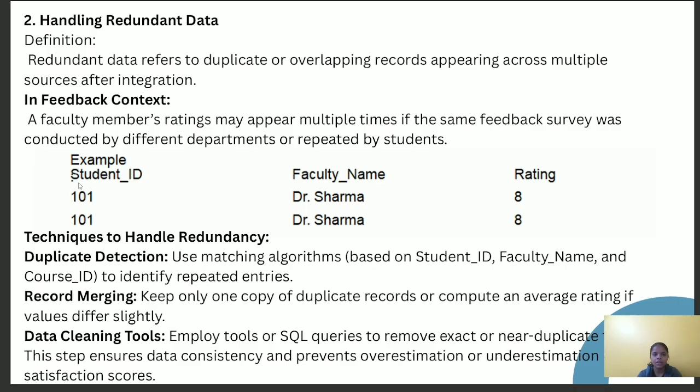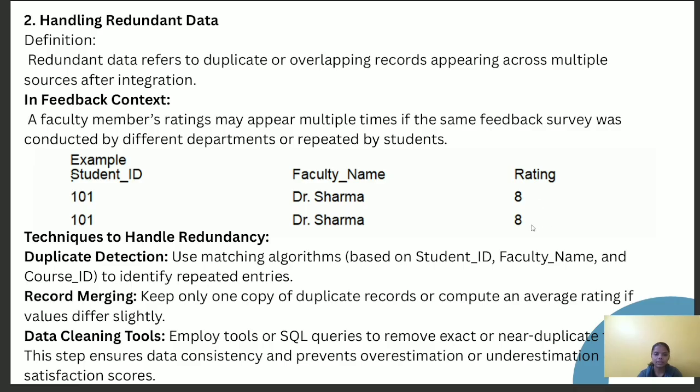For example, student ID 101 has multiple records: 101, faculty name Dr. Sharma, and the rating is 8. Again, 101 has given the feedback, 101, Dr. Sharma, and again the same rating. So here is the example of redundant data.